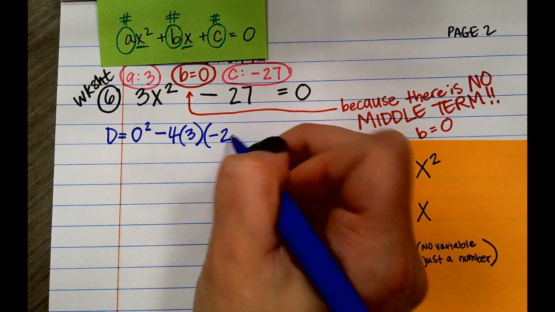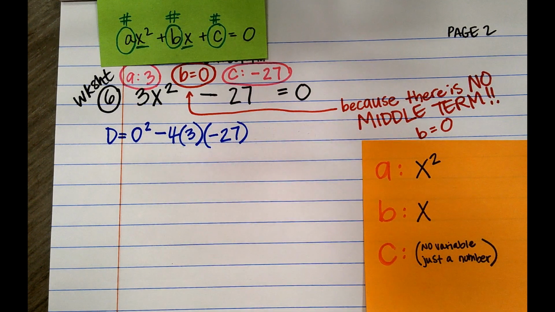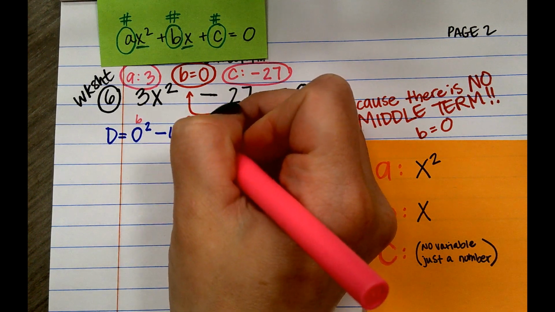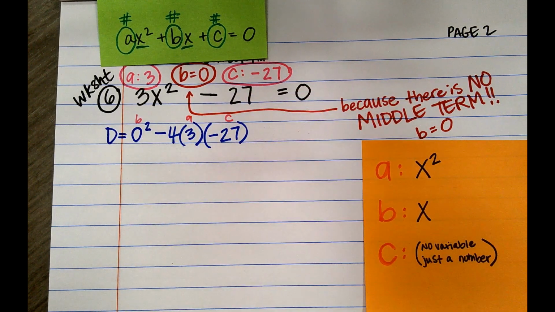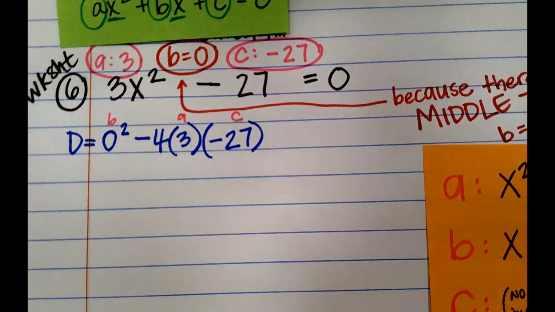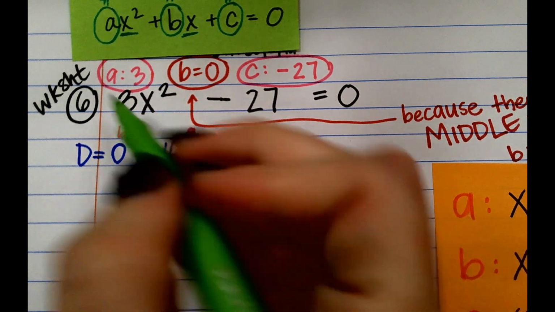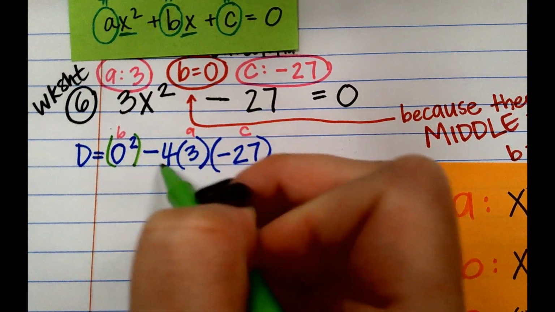Good. Times negative 27, which is C. So if you need it, we can write the B and the A and the C. Okay, so we're going to find the discriminant first. Remember, there's just 2 steps here. So it's going to be 0. Yep, 0.